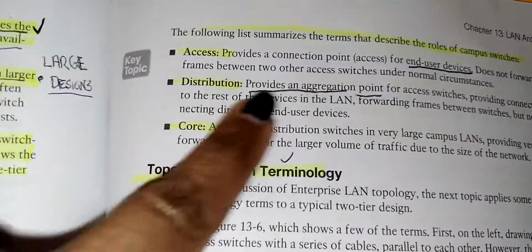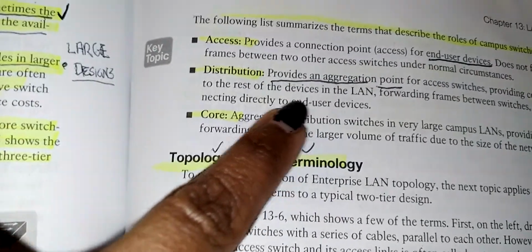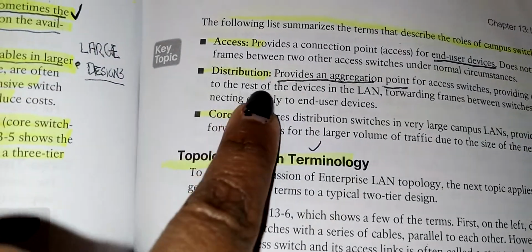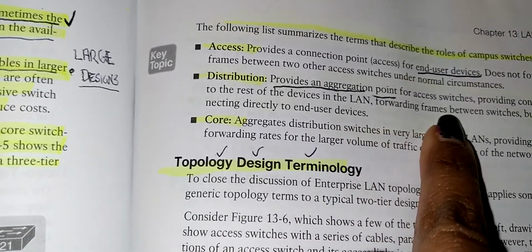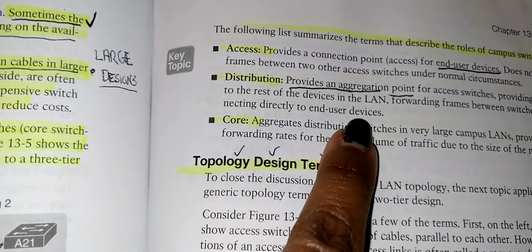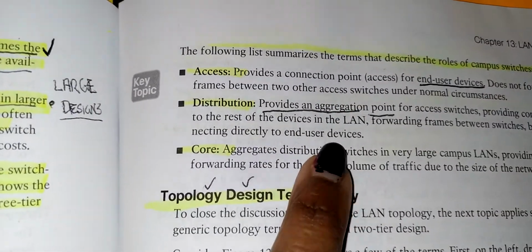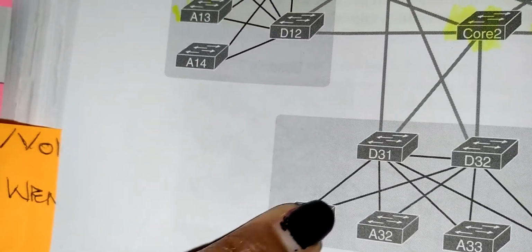The distribution provides an aggregation point for access switches, providing connectivity to the rest of the devices in the LAN, forwarding frames between switches, but not connecting directly to end user devices. Again, this is the distribution, above access.